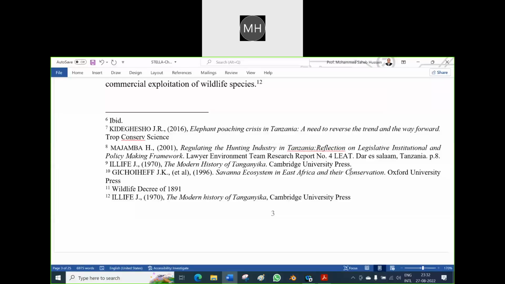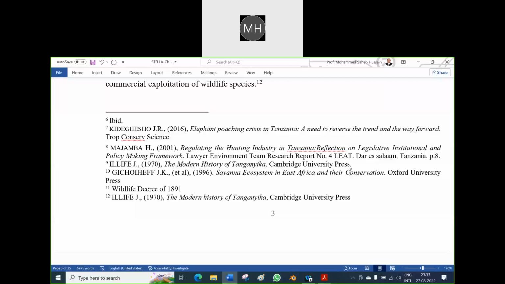I think Stella should look for it. You are not supposed to write UK. UK is the whole country. You have to write the name of the place. For instance, can you write Tanzania?